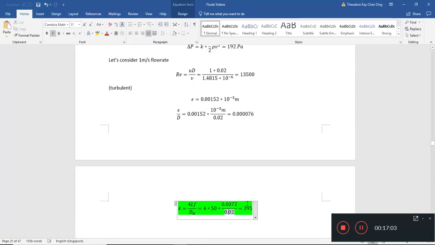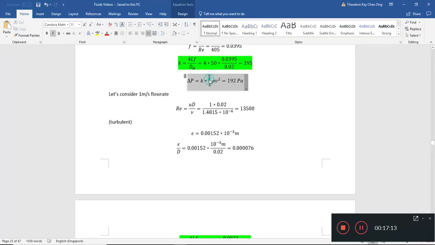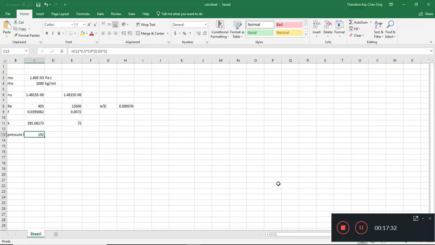That's the F value, the Fanning friction factor. Let's calculate our K, which is 72. And now we can look at our pressure drop. This is 72 times 0.5 times rho, which is 1080, times V squared, which conveniently is just 1. Let's calculate the pressure drop.